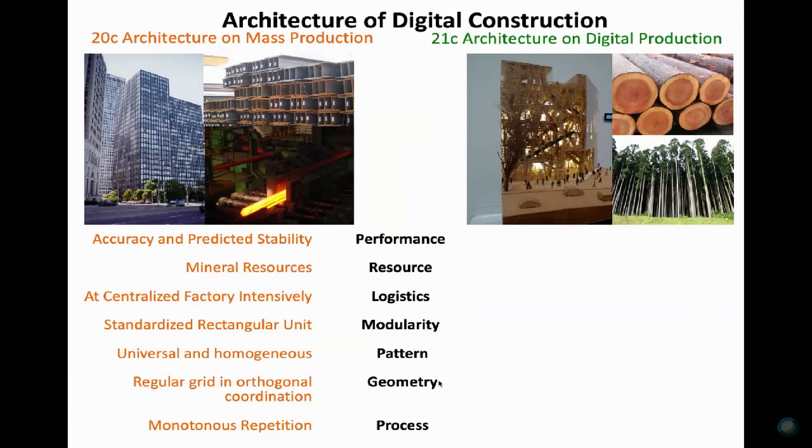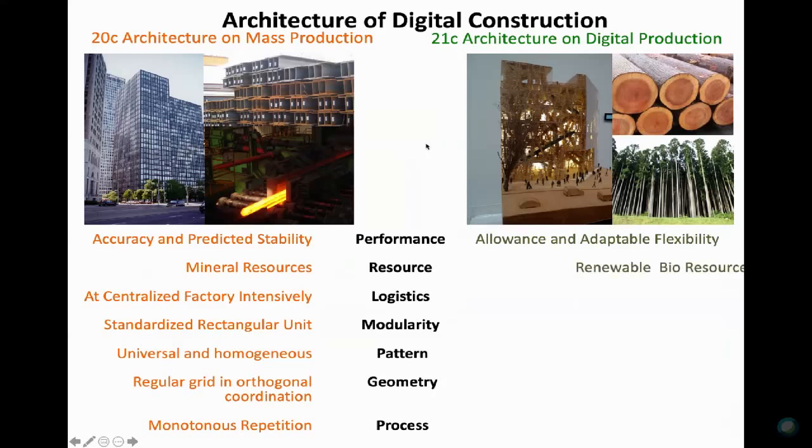So as a result, because of that background, one idea came to our mind: if steel was the most representative, symbolic material in 20th century architecture with mass production, maybe we can start 21st century architecture with digital form by using wood as another symbolic material.